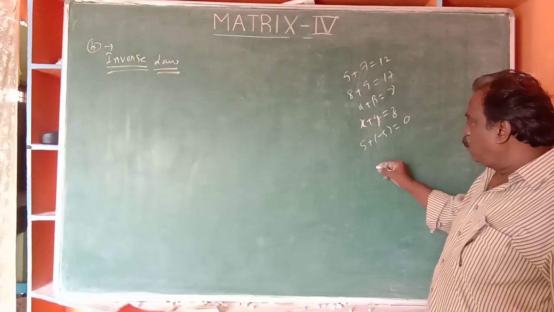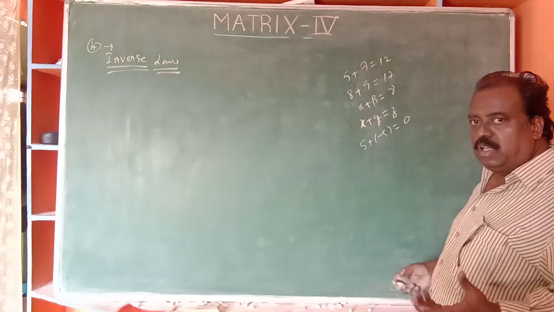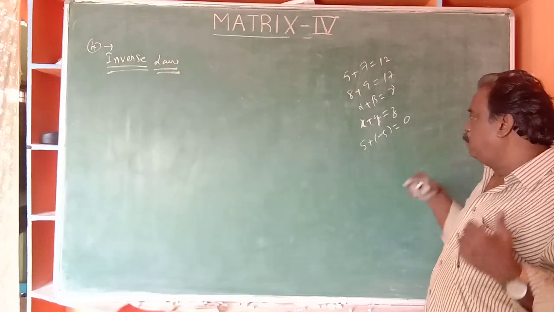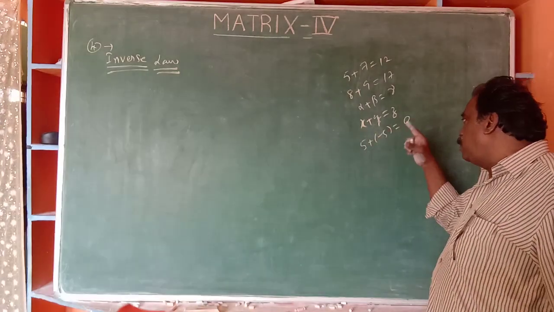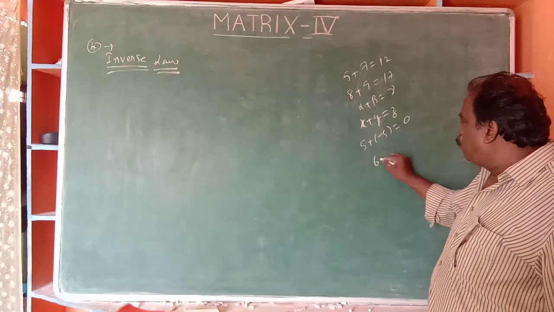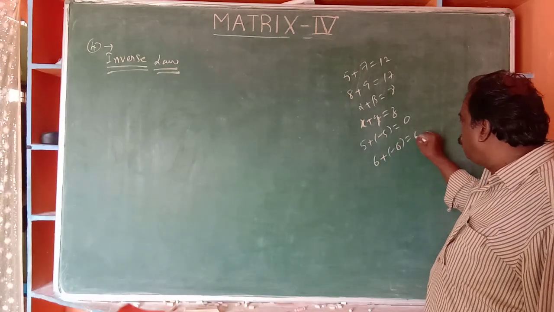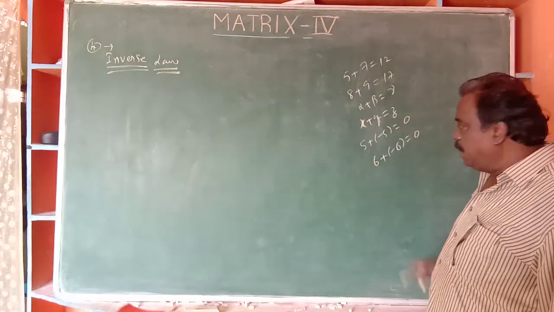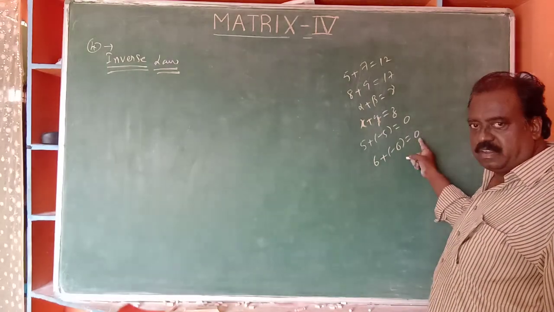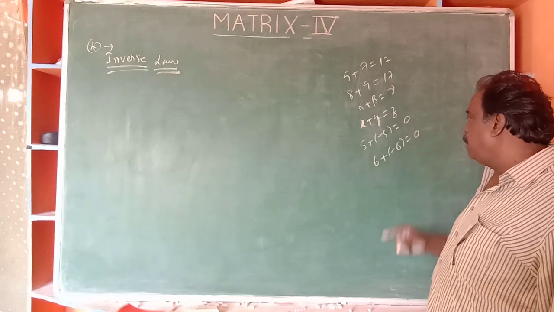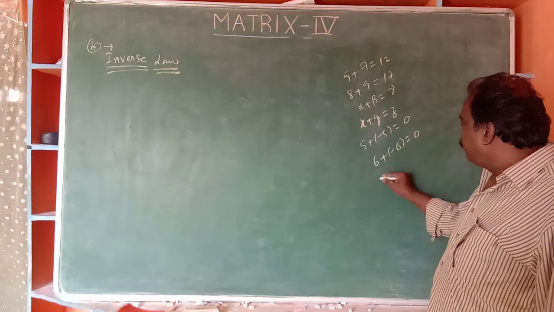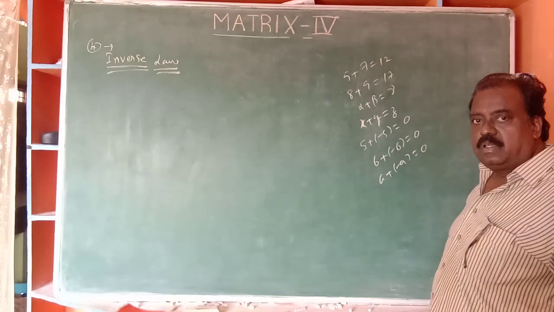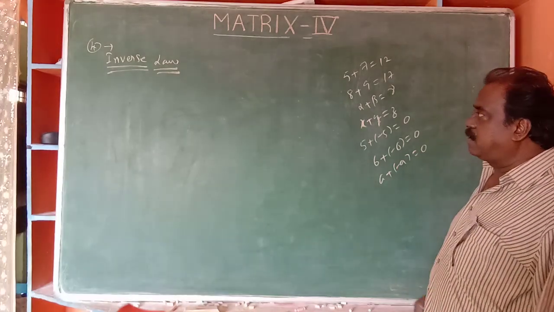So here minus 5 is the additive inverse of 5, and 5 is the additive inverse of minus 5. 6 plus minus 6 gives 0. 0 is the additive identity in the real numbers. A plus minus A is equal to 0. Here these are all numbers.